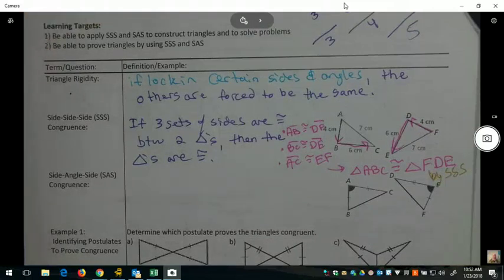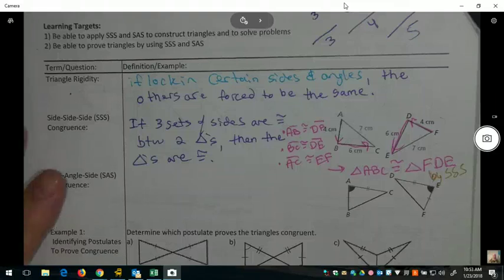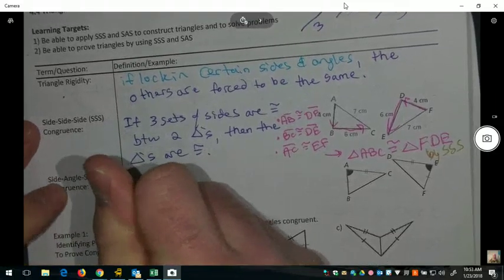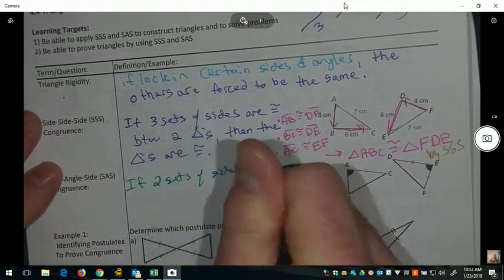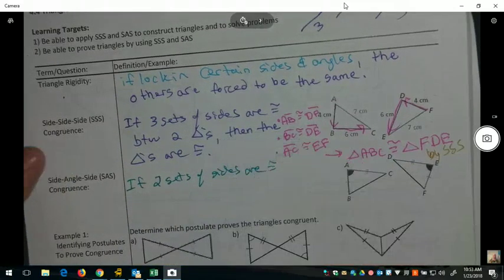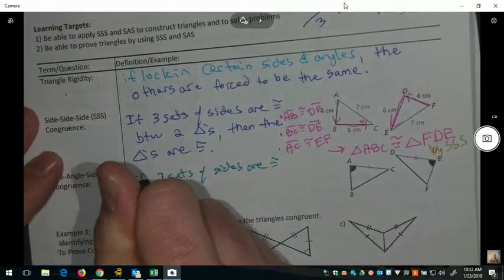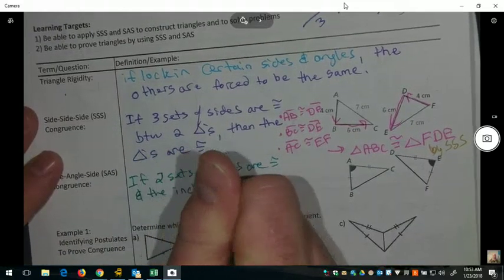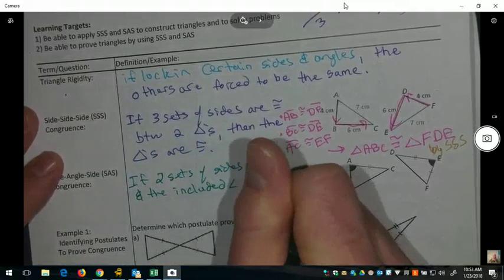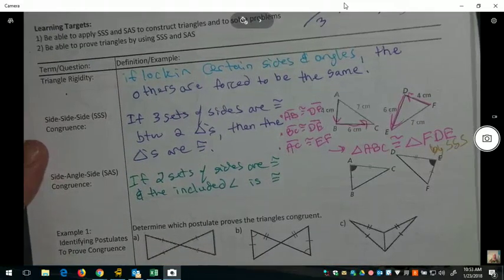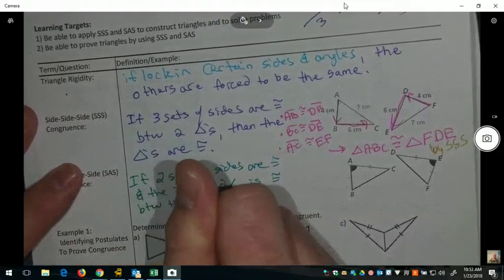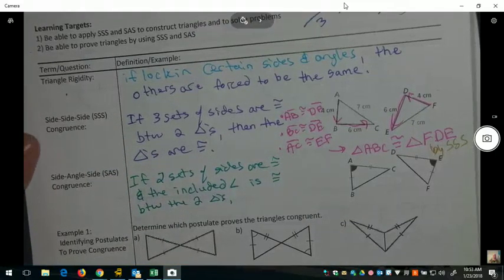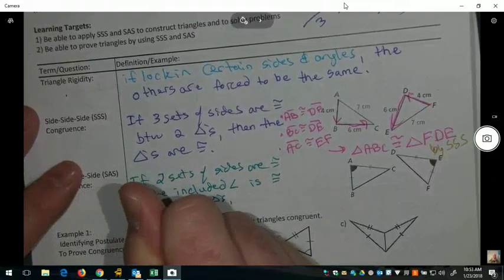For our next one, we're going to say that this says if 2 sets of sides are congruent and the included angle is congruent, 2 sets of sides and the included angle, between the 2 triangles, then the triangles are congruent.